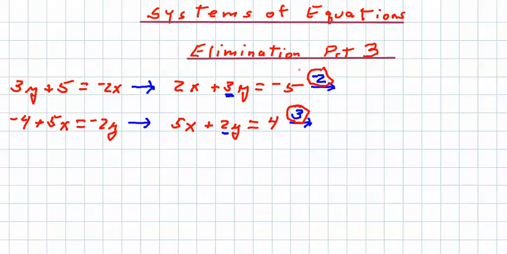And remember, you are distributing it to this, this, and that on both equations. So we end up with negative 4x minus 6y equals a positive 10, and for the bottom equation we end up with 15x plus 6y equals 12.